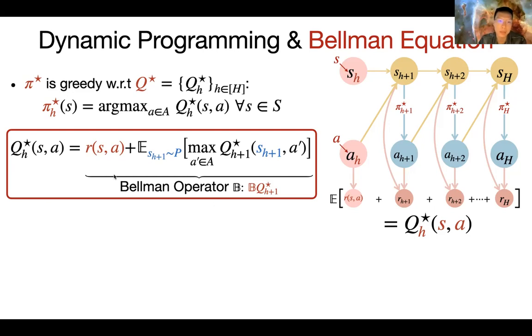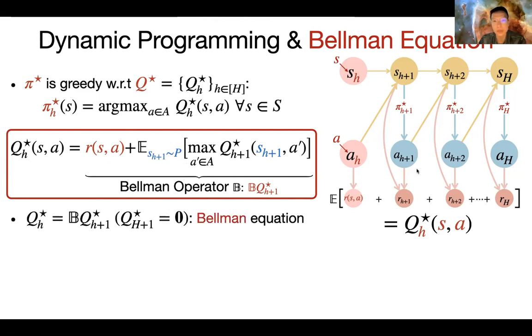And this is also known as the Bellman's equation, which says that Q_h is equal to the sum of the immediate reward plus the one-step look ahead. And this one-step look ahead can be computed using the optimal value function associated with the next step, h plus 1. And we can write the right-hand side of this Bellman's equation in terms of the Bellman operator.